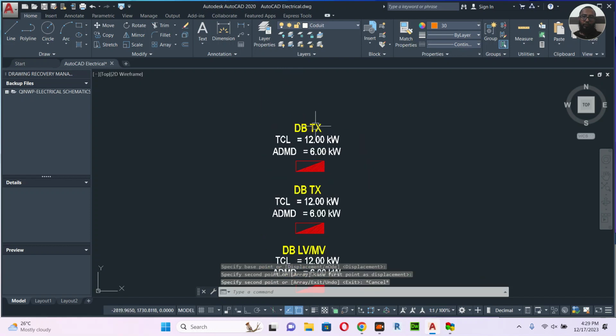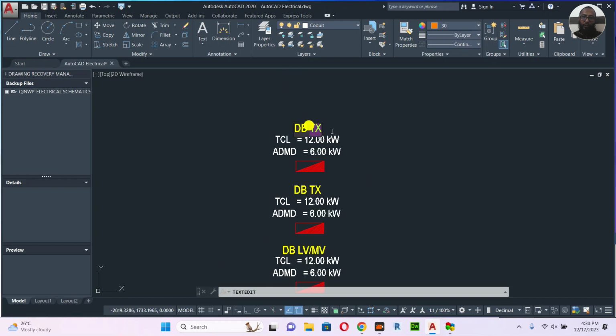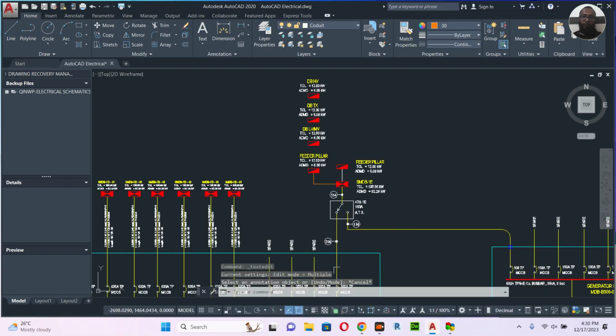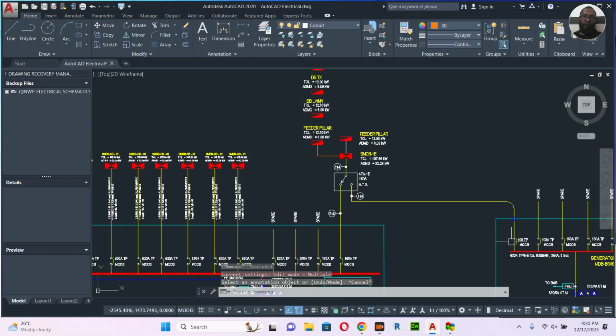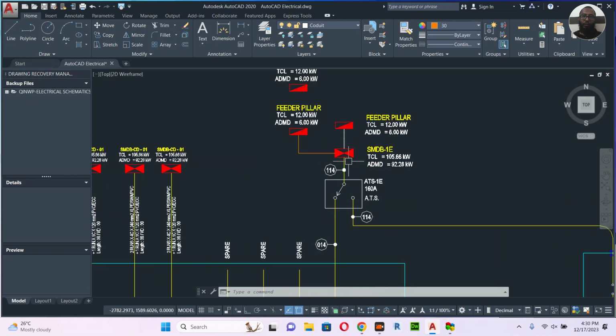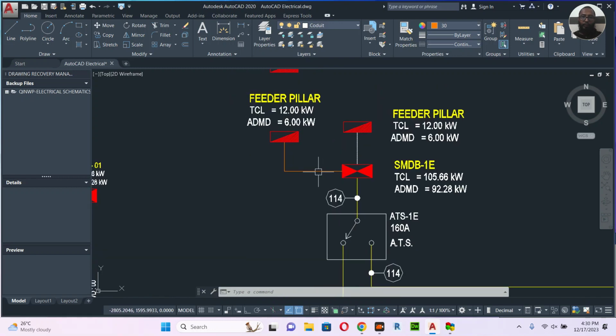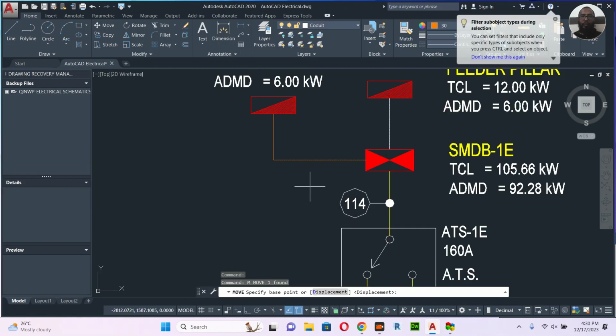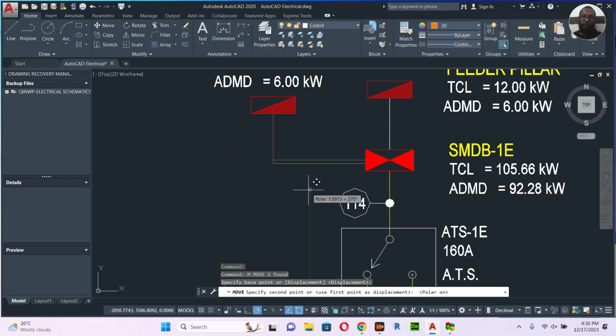I need another one, dB HV. So here I am putting everything with two power supplies. When power is available, it will come from the government, because I have an ATS here. If no power is available, it will come from the SMDB. So some designs can be changed. Sometimes they will not use it as I am using it. So it depends on the design.